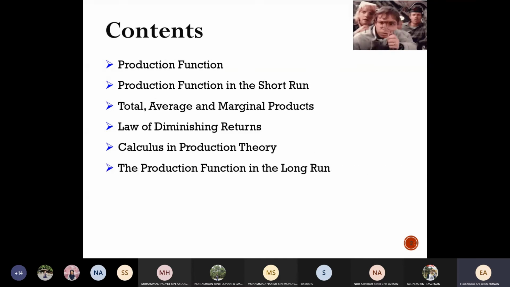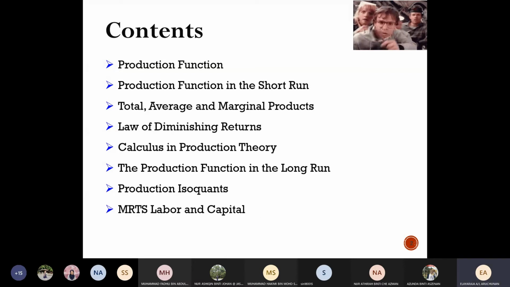And then the production function in the long run, and the production isoquant. Isoquant is one of the production methods. And then MRTS of labor and capital, so we're going to learn that as well. And at last, the Cobb-Douglas production function.